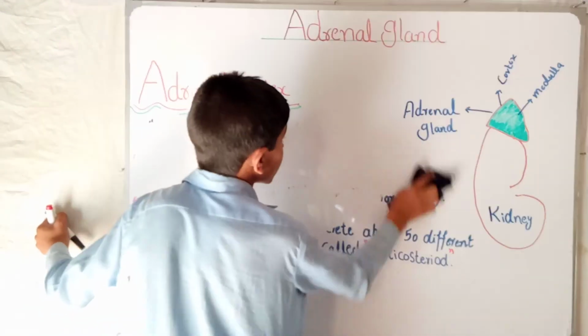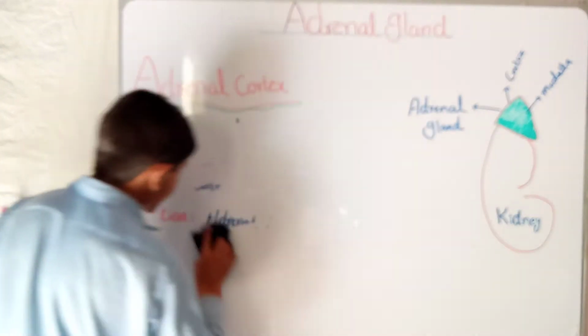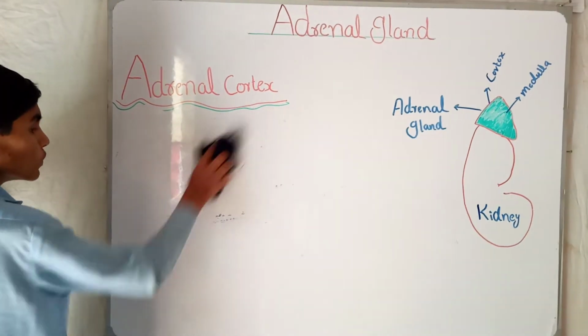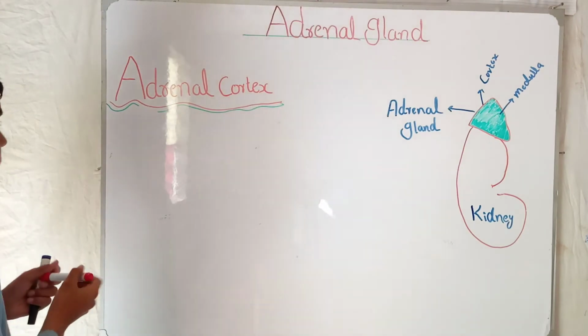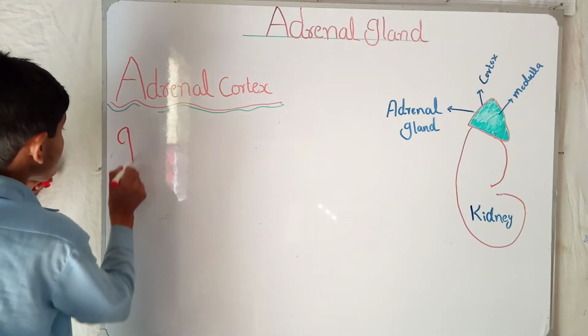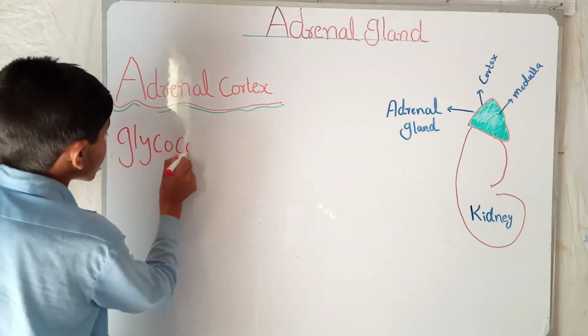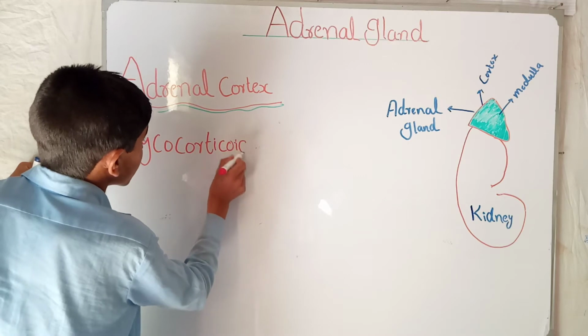Mainly the adrenal cortex secretes about 15 different types of hormones, but we will study only a few. Okay, the first hormone is the glucocorticoid hormone.